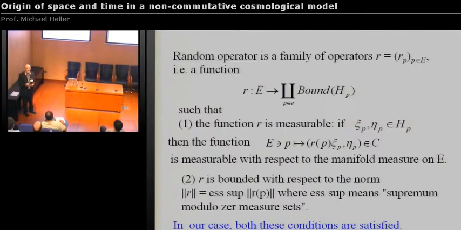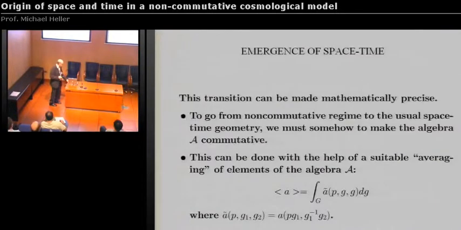If A is an element of the algebra, this integral means averaging of that element. And averaging kills non-commutativity, and we obtain the standard geometry, the standard algebra of smooth functions on a manifold, and we recover all macroscopic structure.